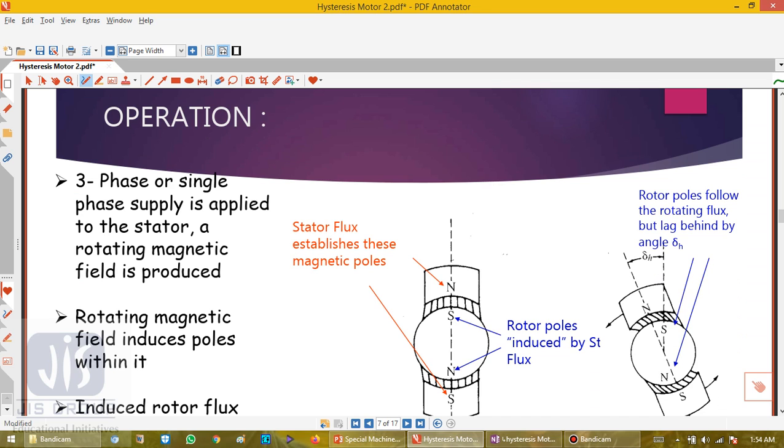Now, the operation of this hysteresis motor.